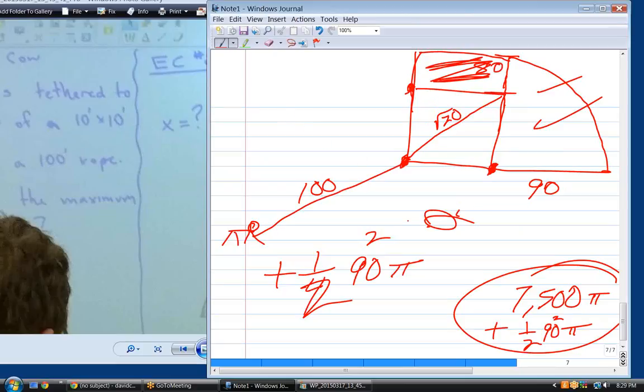Yeah, in other words, when I look at my barn and I figure out, okay, this quarter circle here with the radius 90, and then this is going to give you a quarter circle also, like that, and there's some overlap there. So I'm not going to be able to add those two quarter circles together.